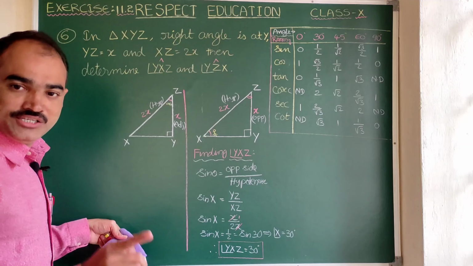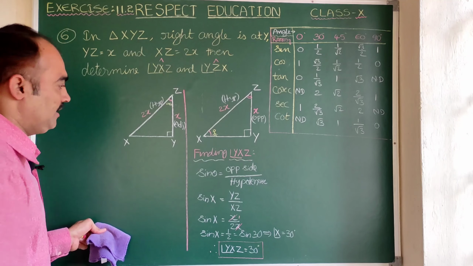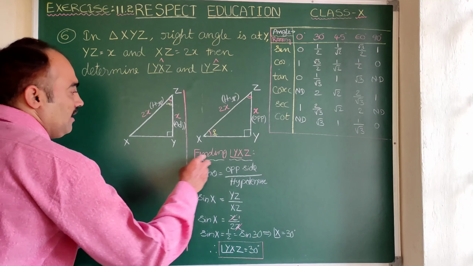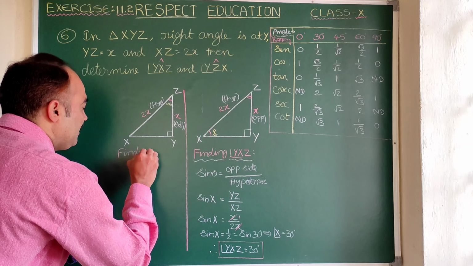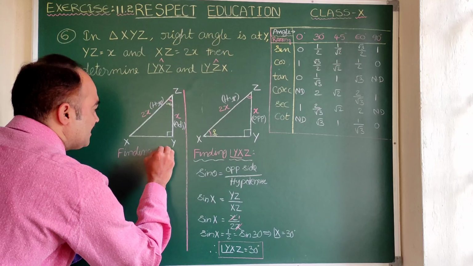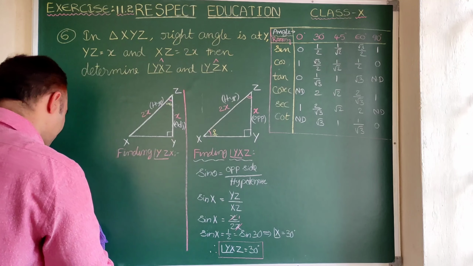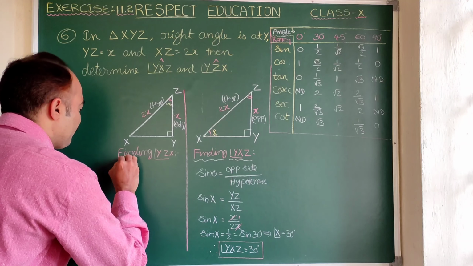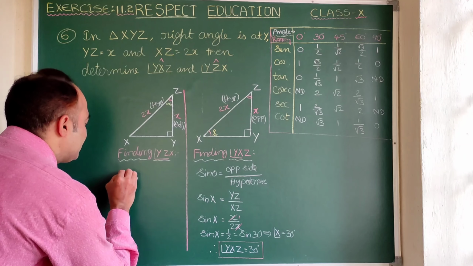Now which trigonometric ratio has a relation between the adjacent side and hypotenuse? Cos theta. Yes. So here, let us write finding angle YZX. Now, which ratio is applicable here? Cos theta.